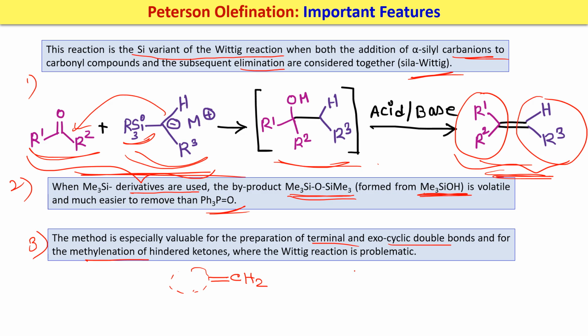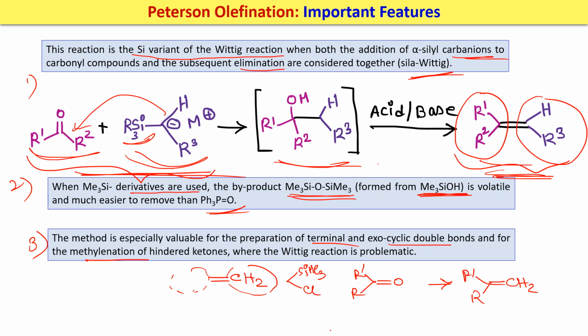So suppose we have some hindered ketones, any R group, and we want to do methylation. That means we want to convert it to CH2 in place of CO. Then this method will be very good, because this part will be coming from the SiMe3 and Cl. Now this is commercially available.